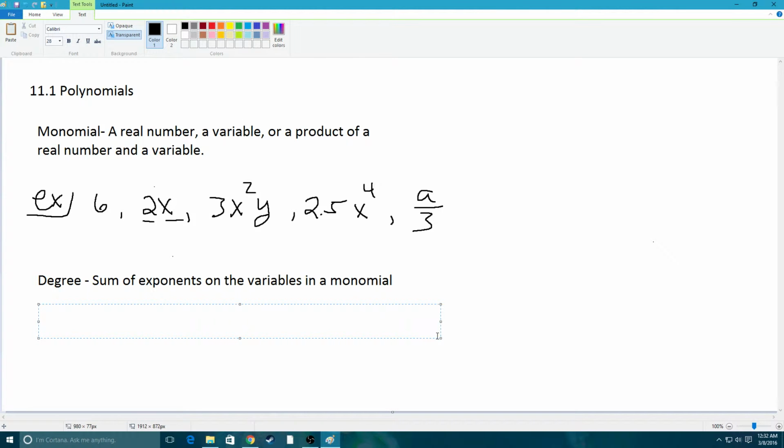So we're talking about degree. The degree of a constant number that is not 0 is 0.